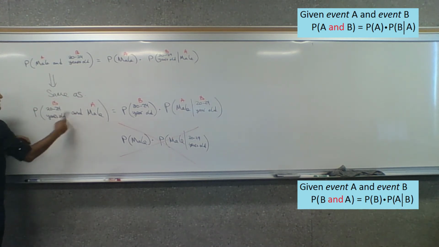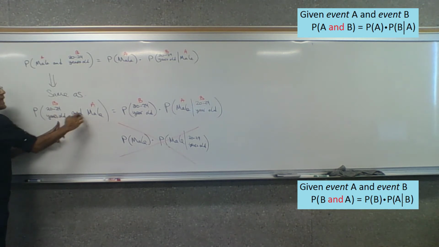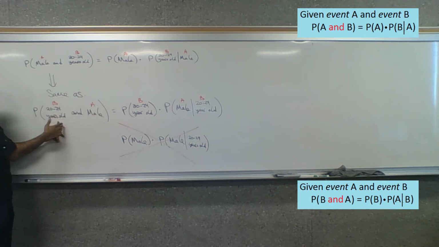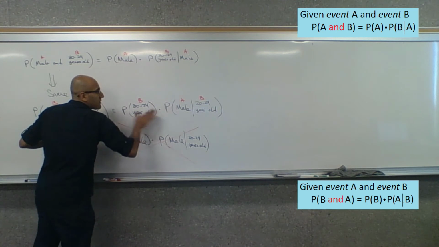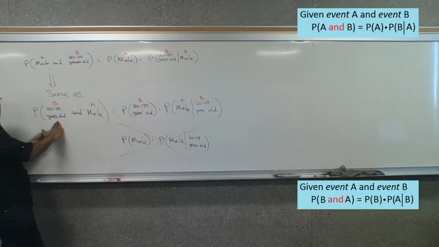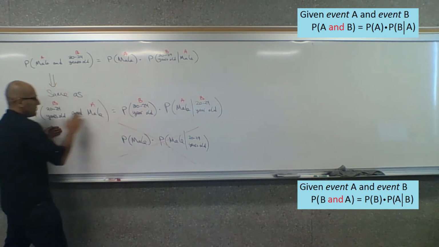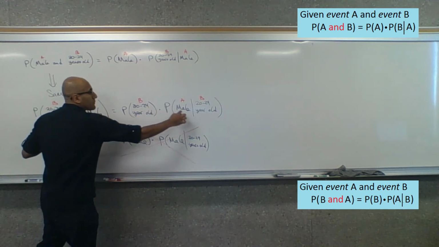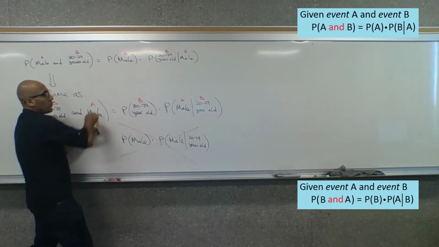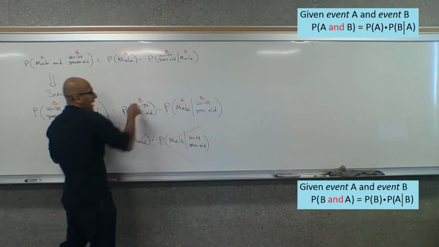We're allowed to do that. If I wrote it as B and A, that's fine, but you also have to be consistent over here. This guy comes first. The probability of B, this guy came first, times the probability of this one, A, given that B has already occurred.